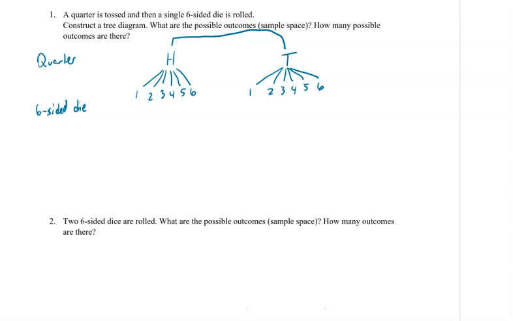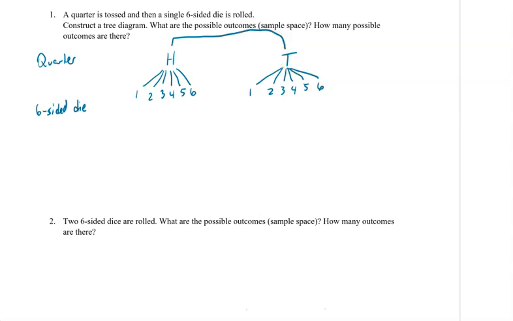So we can first either get a heads or a tails. Then after that, we could get any number 1 through 6. Meaning, for example, if we got tails and then a 5, that would be one possibility.